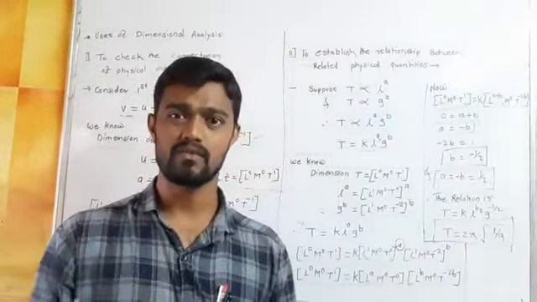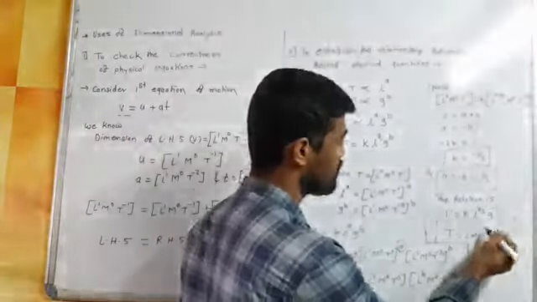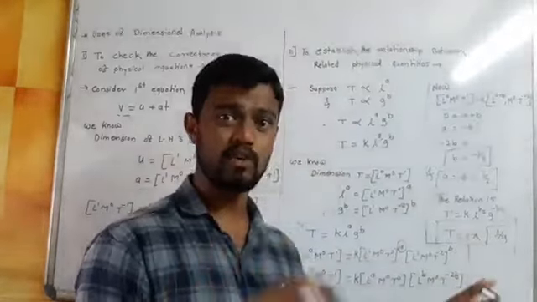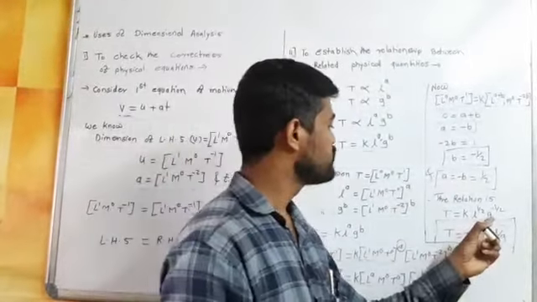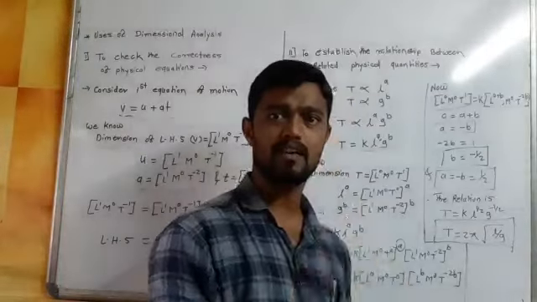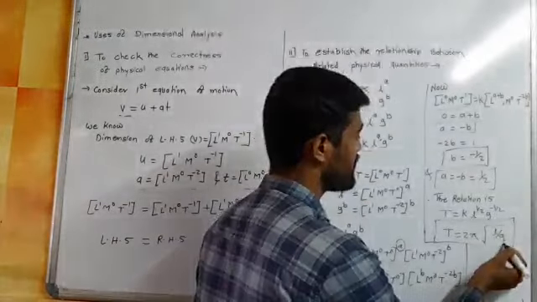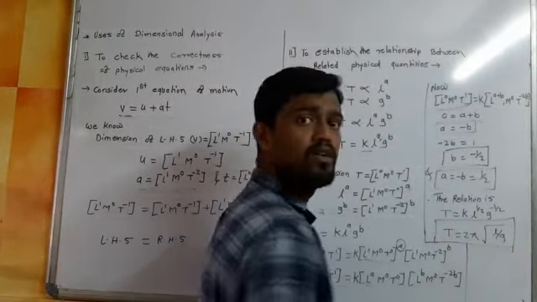This is a square root, so I wrote square root. L to the power half is the numerator, and G to the power minus half goes to the denominator. So G goes to the denominator, L goes to the numerator.